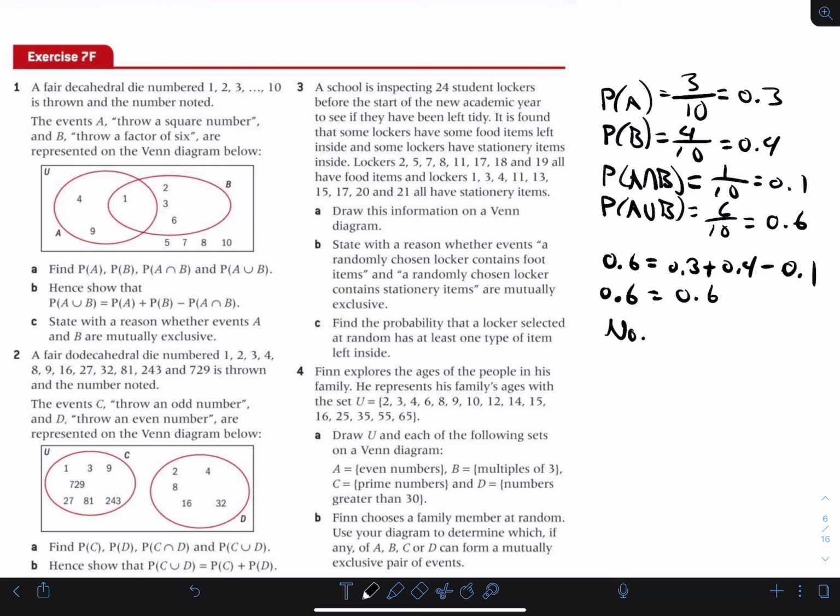State with reason whether events A and B are mutually exclusive. No. Oh, with a reason. Why? Because 1 is both a square number and, what's the other one they wanted? Factor of 6.